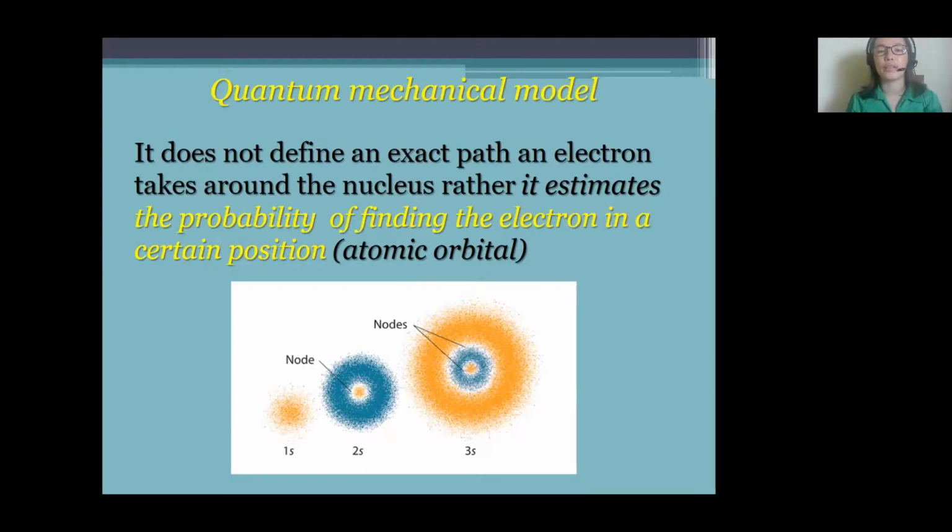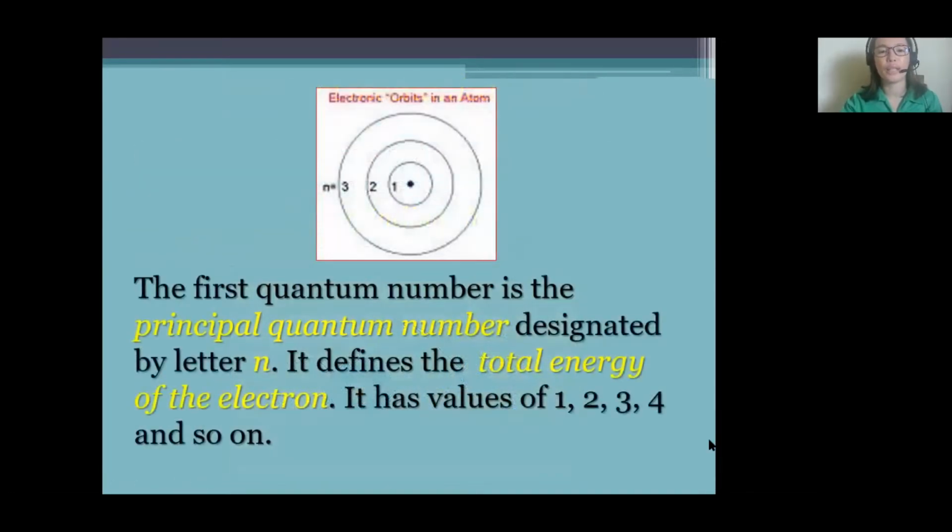We know that an atom is made up of protons found in the nucleus and electrons are found outside of the nucleus. How they are arranged outside of the nucleus of an atom is described in the quantum mechanical model. And in the quantum mechanical model of an atom, we need to understand four quantum numbers.